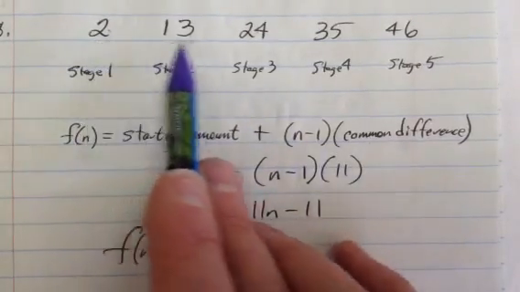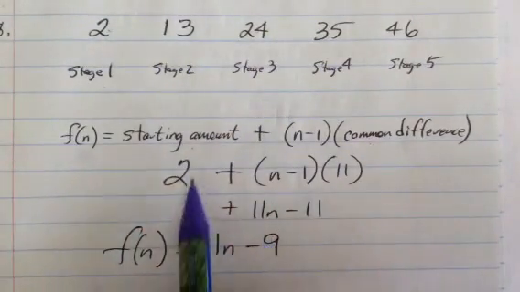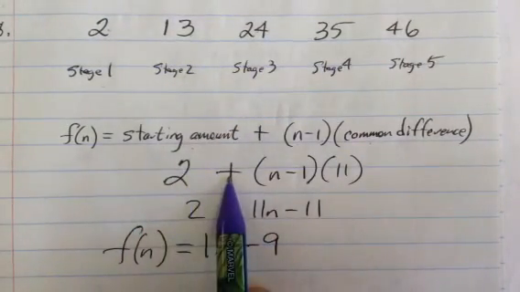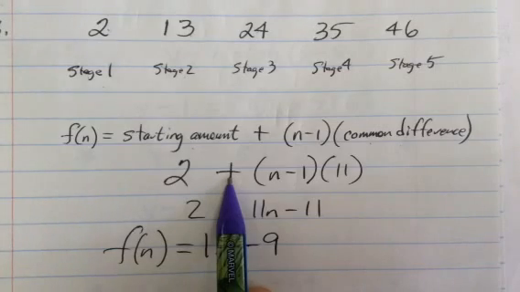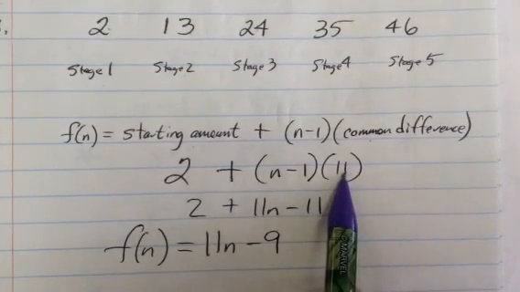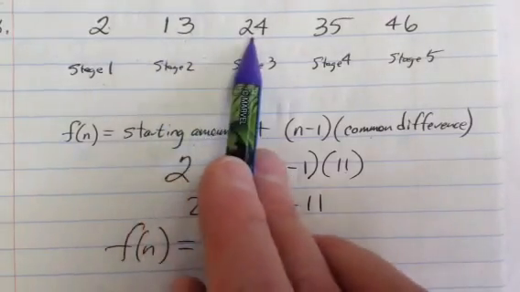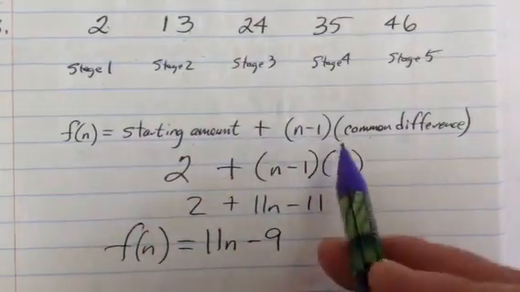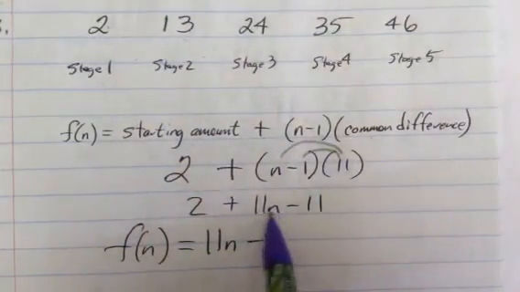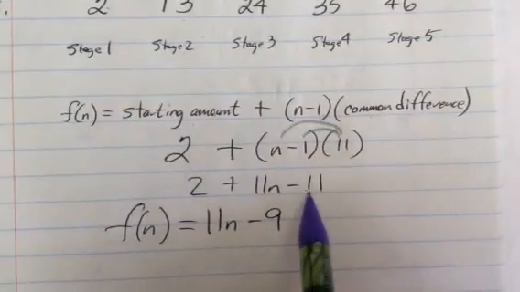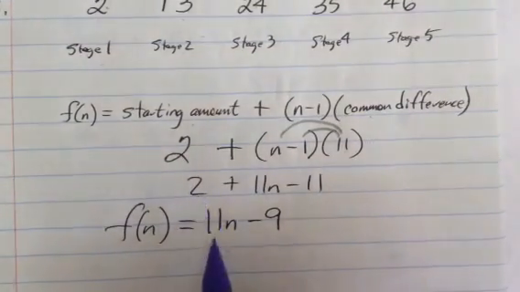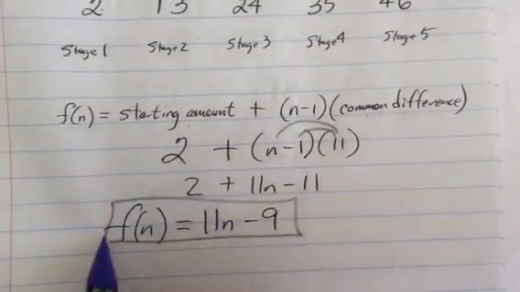So we could do it that way right here. We can do starting amount is 2. Common difference is 11. 2 plus 11 is 13. 13 plus 11 is 24, and so on. Distribute to get 11n minus 11. Combine these right here, and you have your example.